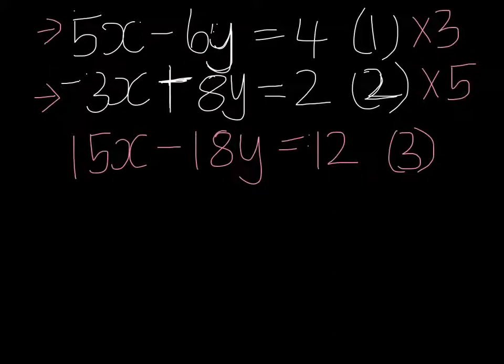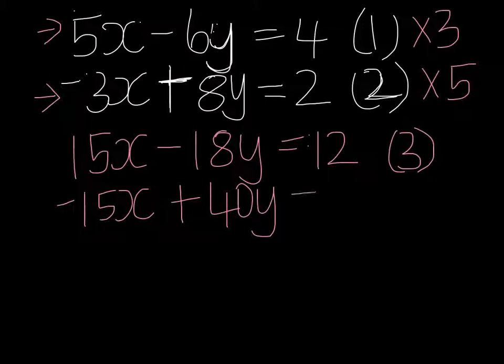Then I'm going to multiply the second equation by 5. So we've got minus 15x plus 40y equals 10. This will become equation 4.